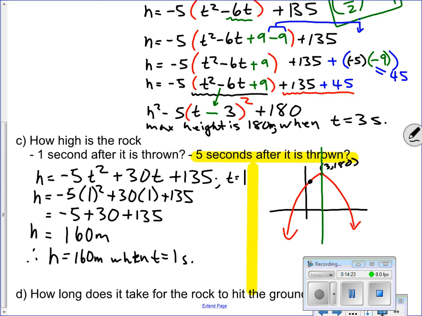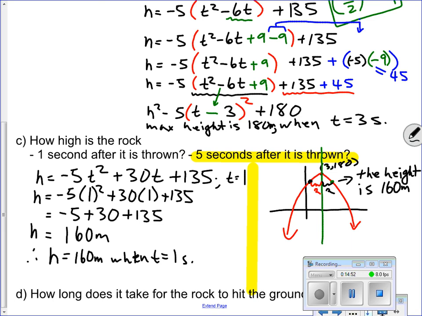1 is exactly 2 units from the axis of symmetry. And when we take a look at t is 5, isn't that exactly 2 units from the axis of symmetry? Therefore, the height is 160 meters.